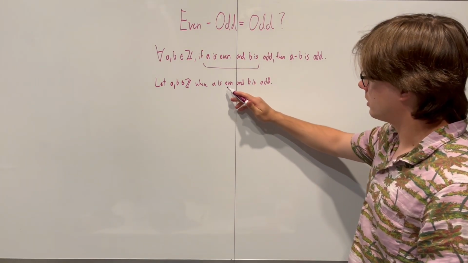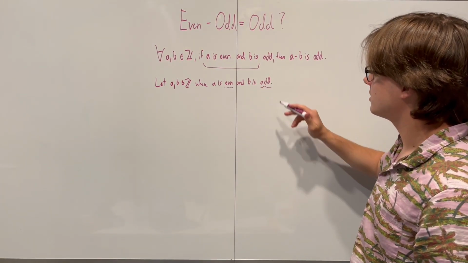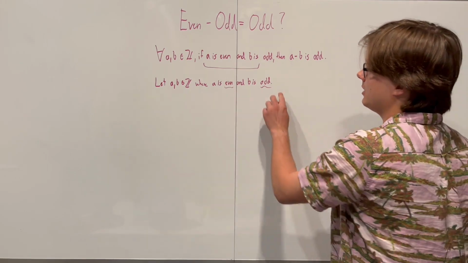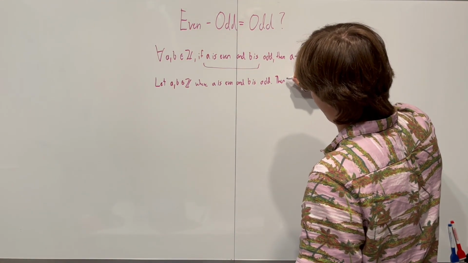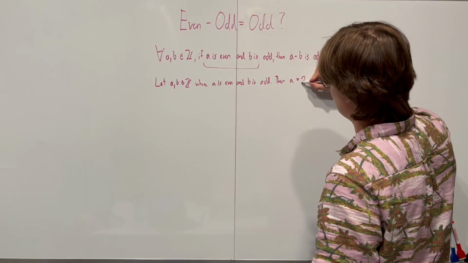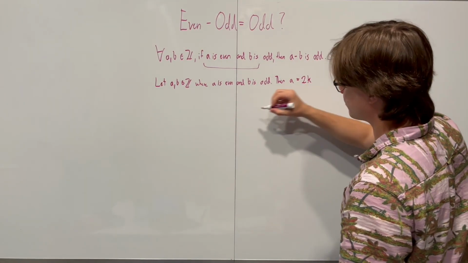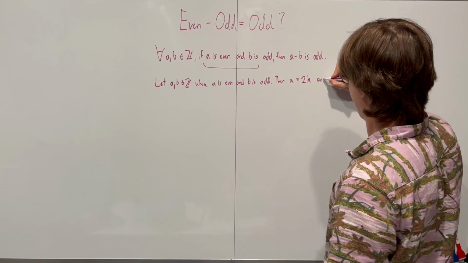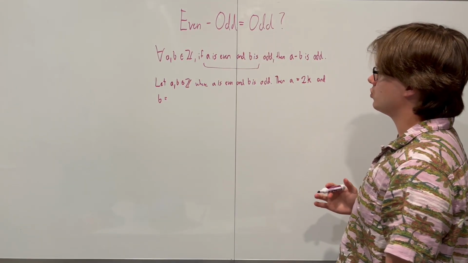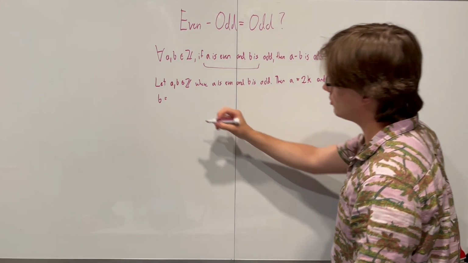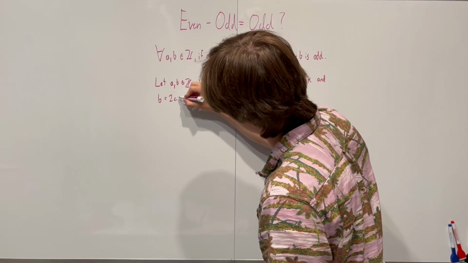Then what can we do? Well, let's more mathematically define what it means for A to be even and for B to be odd. We can say then A is equal to 2k and B is equal to 2c plus 1.